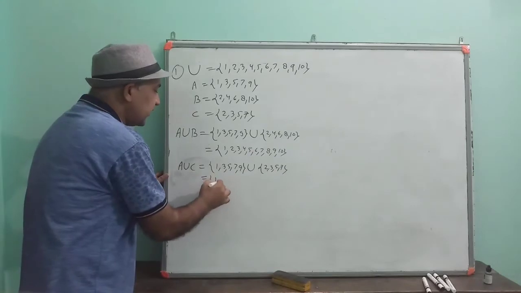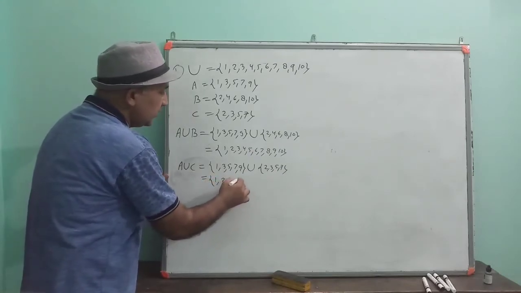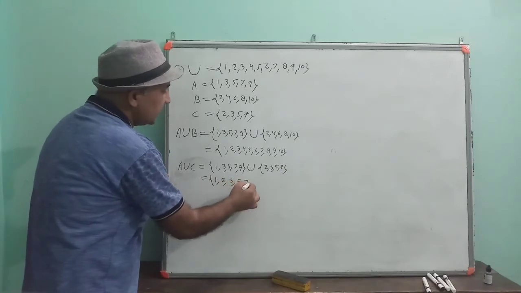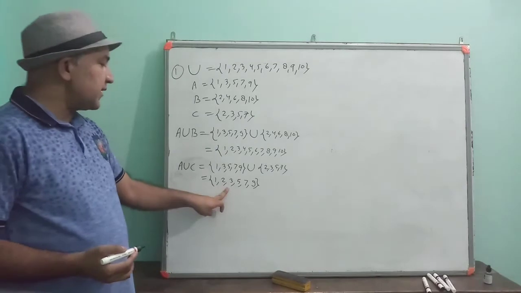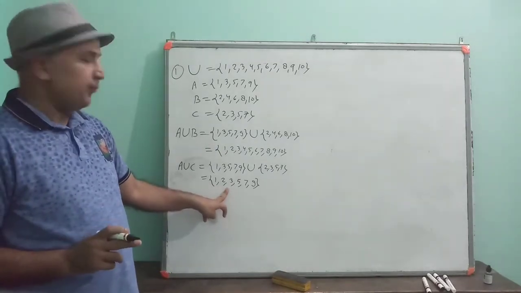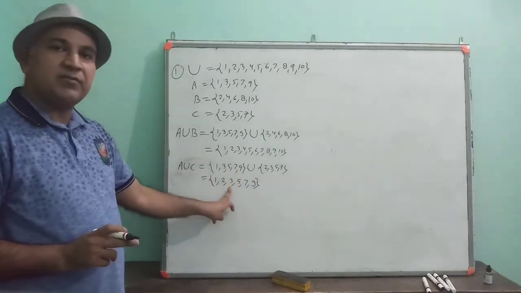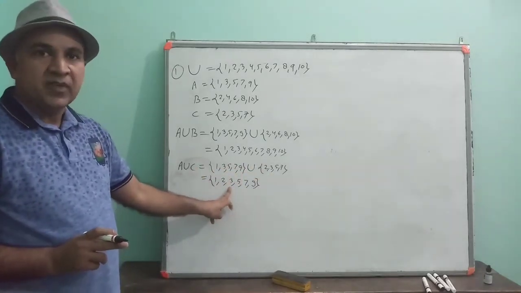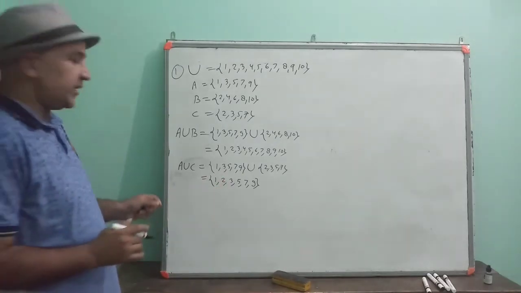So write down all the elements: 1, 2, 3, then 5, then 7 and then 9. When you are making a set, no element should be repeated. This is a noted point. 3 is here and also there, but while making one set, we will take it only one time. In a set, no element is repeated.